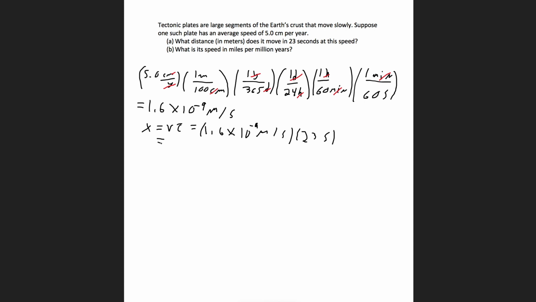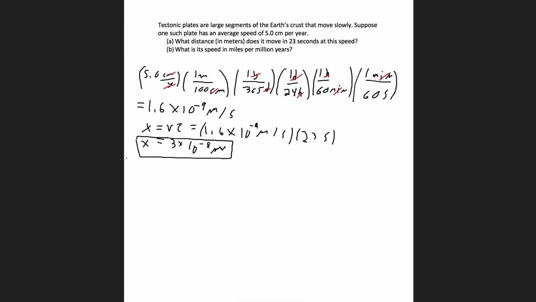Work that out, and you should get about 3 times 10 to the minus 8th meters. So that's our answer for part A, 3 times 10 to the minus 8 meters.